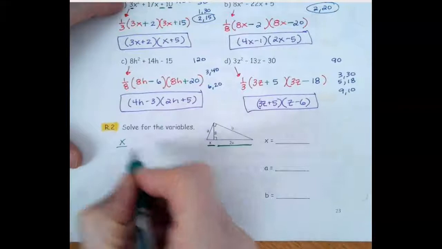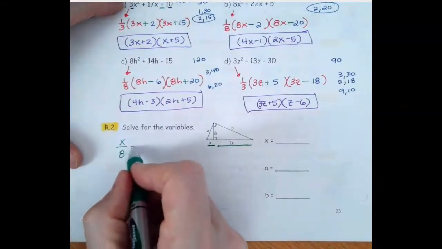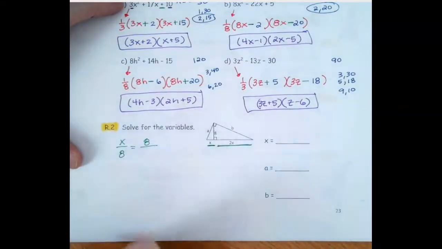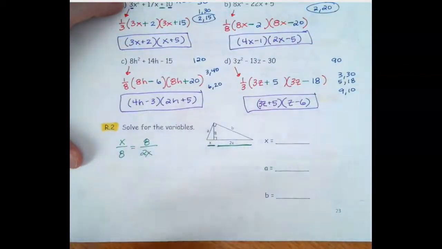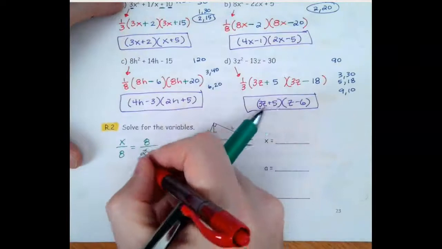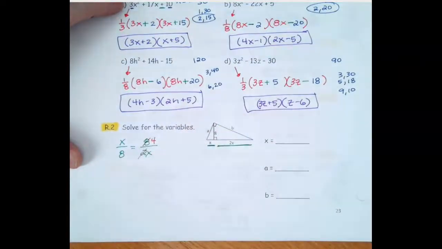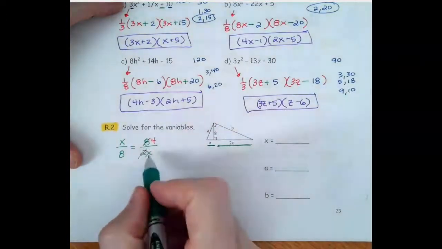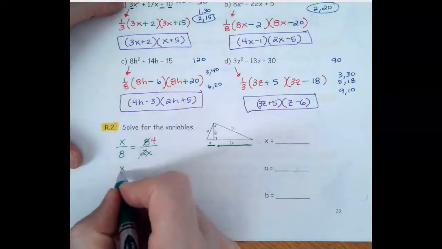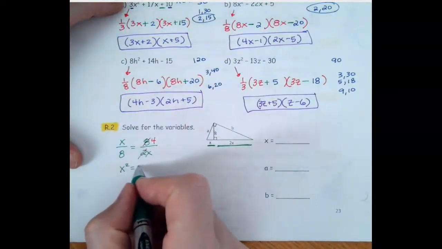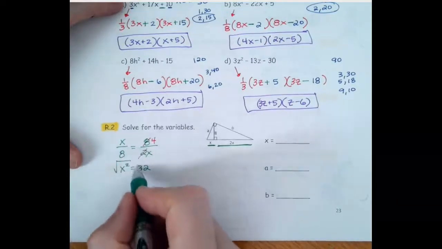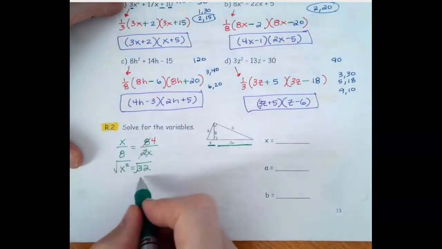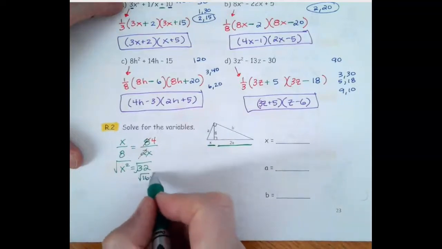So the altitude is the geometric mean. So I know that's going right there, between the pieces of the hypotenuse. So we have that. And then we could reduce this. 8 over 2 is 4. So now if we cross multiply, we're going to get x squared equals 32, or you could leave it as 4 times 8, but we square root both sides, and this is 16 times 2.